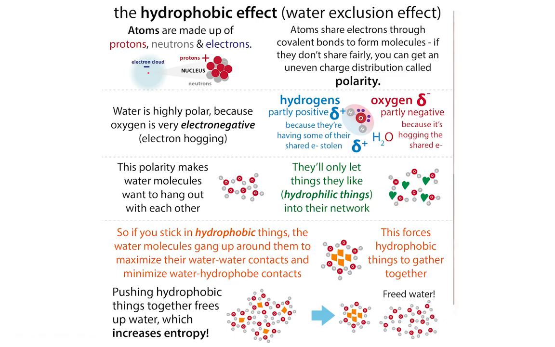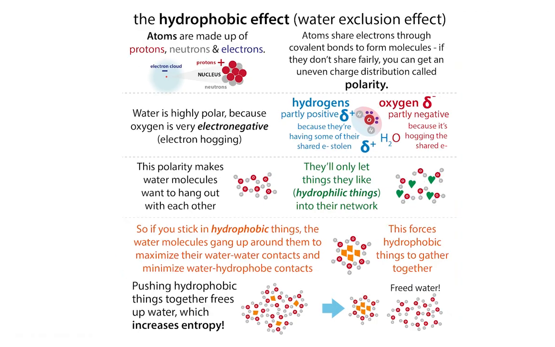Why this matters is if we think back to that hydrophobic effect, where basically if something hydrophobic gets into water, it's going to cause the water molecules to kind of cinch around it. So if you have multiple nonpolar things, if you cluster those nonpolar things together, that's going to minimize the amount of water molecules you have to take out of commission, making it so that you can then free up water molecules.